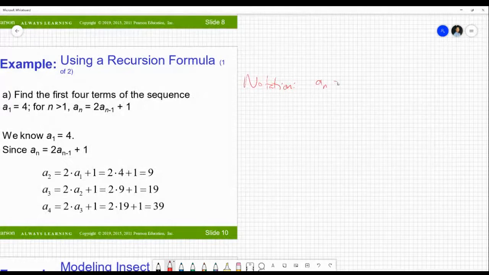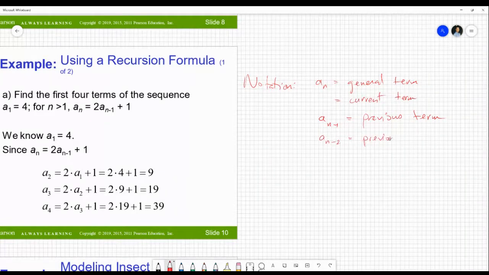We know that a_n means the general term. You can also think of it as the current term. The notation a_(n-1), where we have the subscript, is the previous term. And if we have a_(n-2), this is the previous two terms.